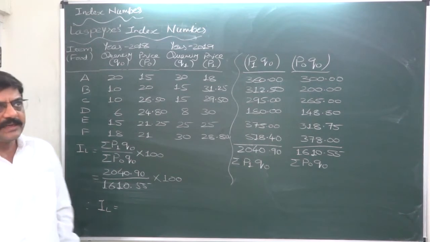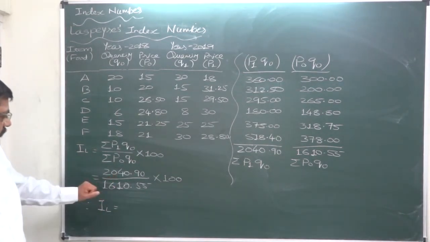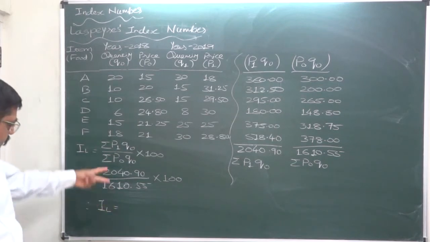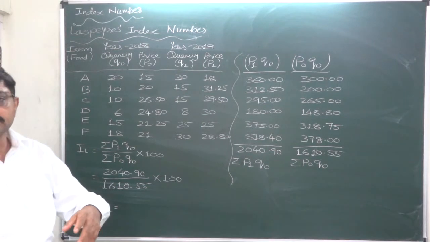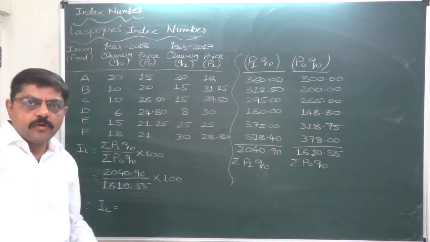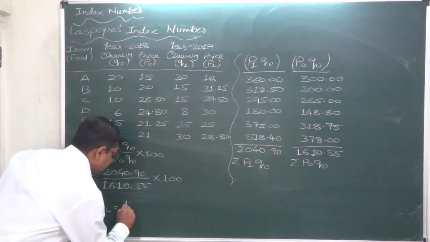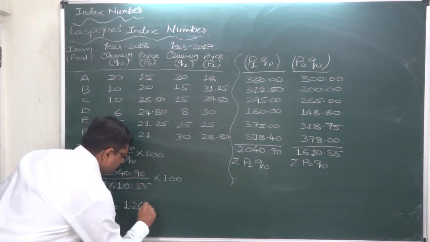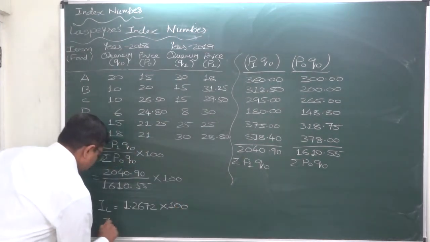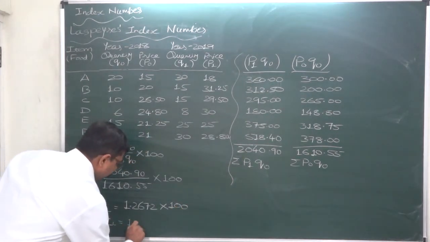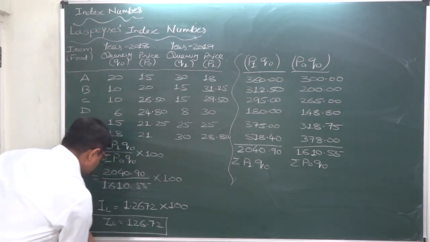So Laspeyres index number comes to, let me take the ratio first, because one term used for index number is ratio also. 1.2672 into 100. Yes, 126.72 is the final answer.